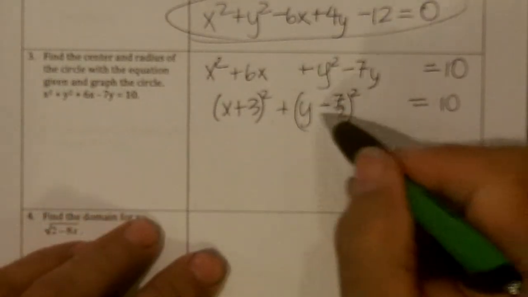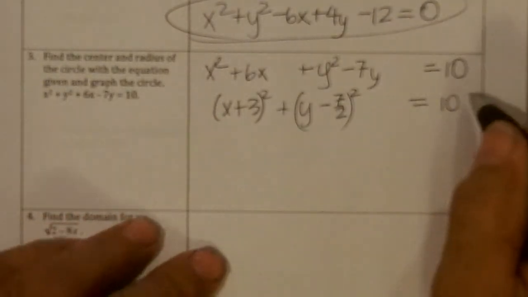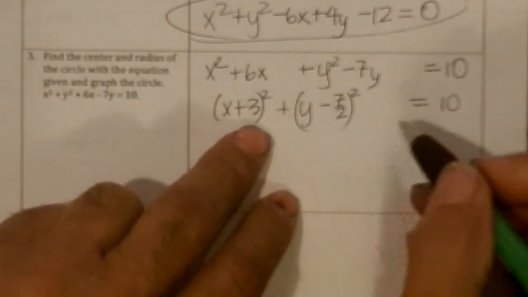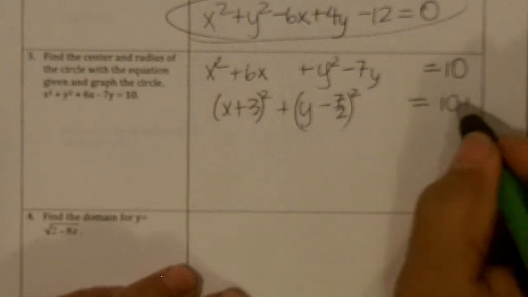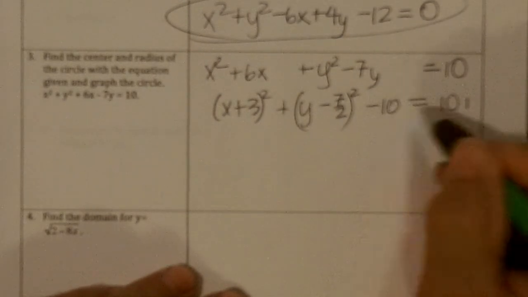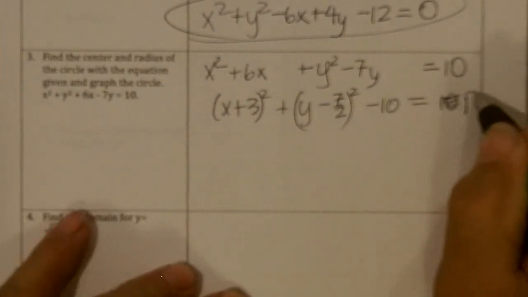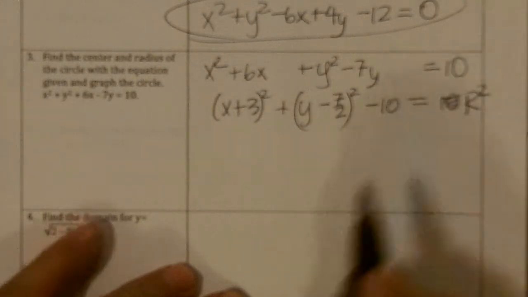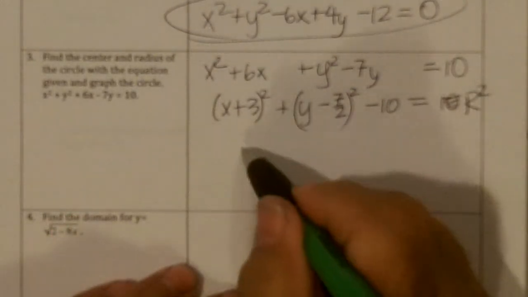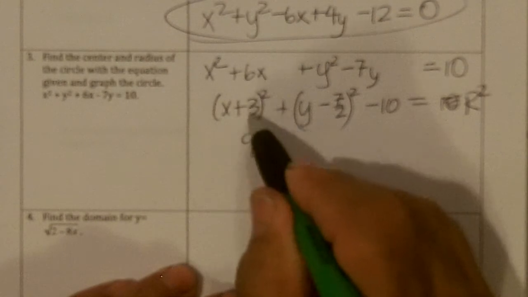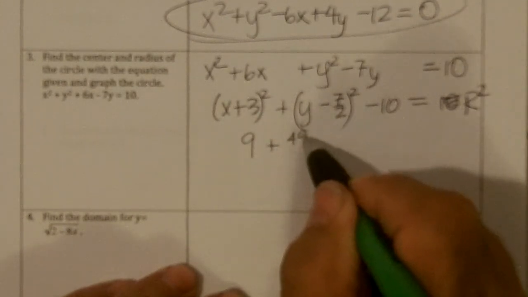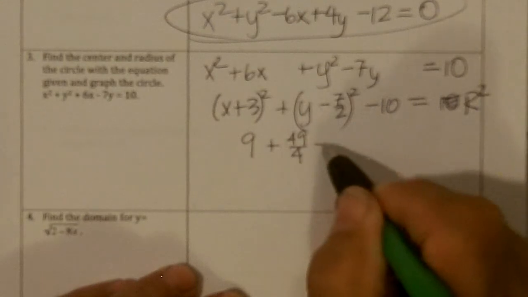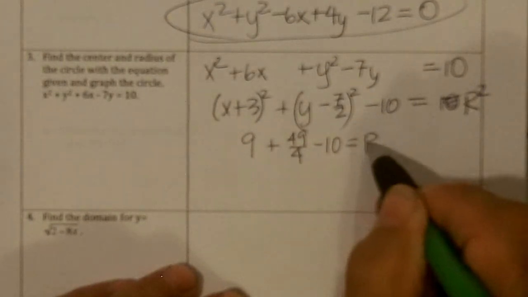And since this creates an extra, we add that amount to the other side. Or we can go minus 10 here, and that's supposed to equal the radius squared if I move the 10 over. So I have the extra 9 that this creates plus the extra 49 fourths minus 10 is r squared.